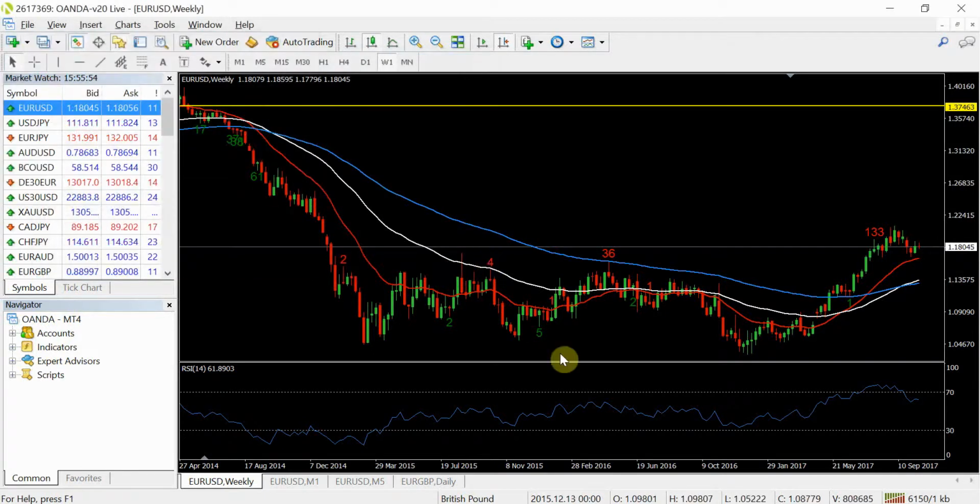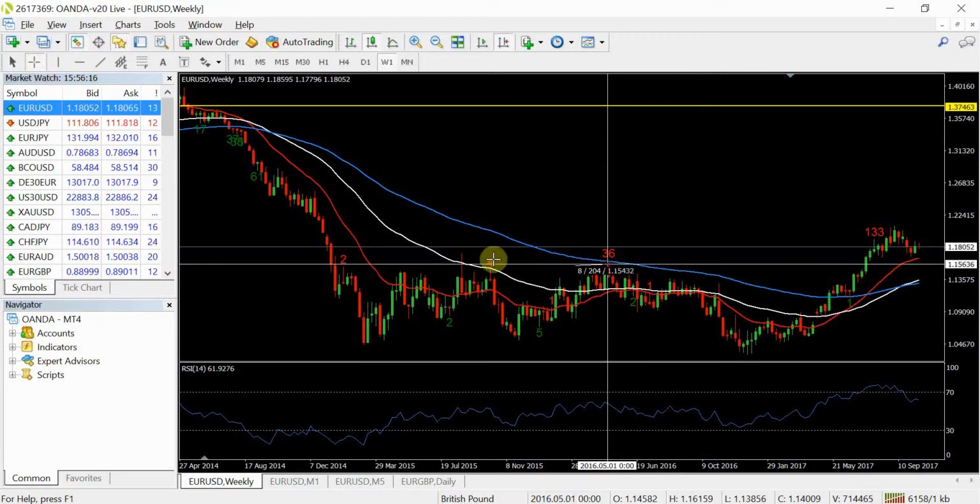What I want to draw your attention to is this pin bar which says 36. What this is saying is that the top range of this rejection wick was last at that area 36 bars ago, which I would assume is probably this bar over here.